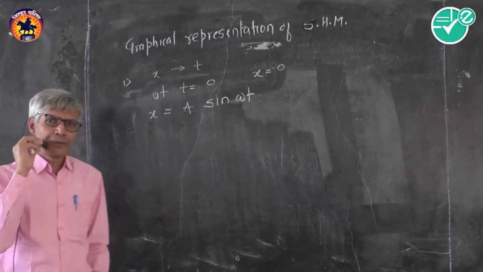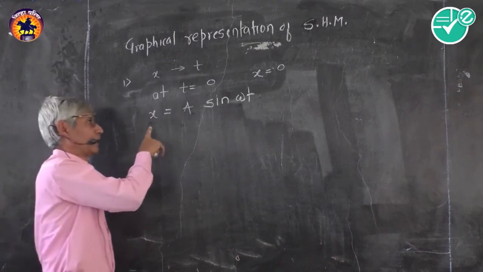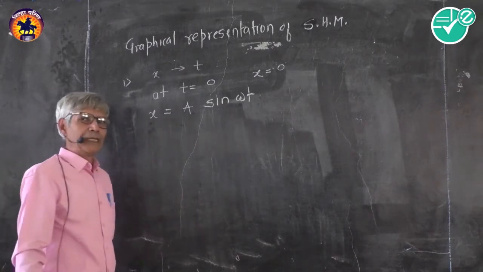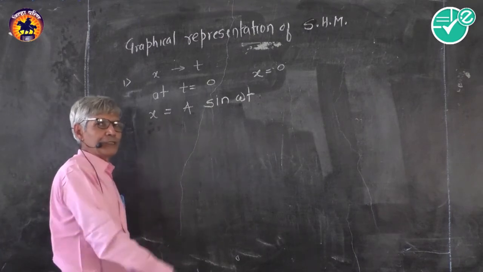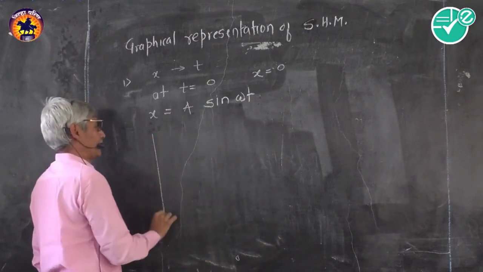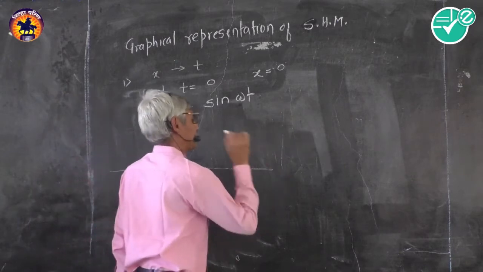The curve representing the variation of the displacement with respect to time will be a sine curve starting from the mean position, or starting from the origin of the coordinate system.